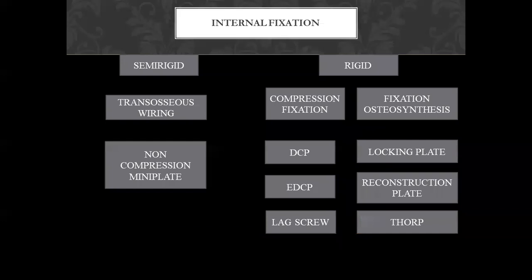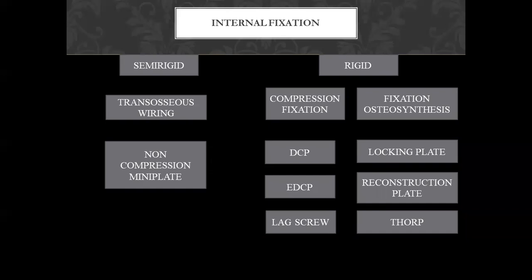Coming into the internal fixations. Just remember the terms, as I told, semi-rigid and rigid fixation. Rigid fixations, as I told you, are the ones which will prevent the interfragmentary motion across the fracture fragment.